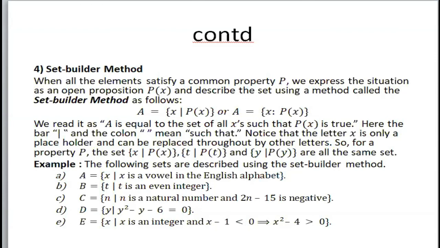So you can have different examples for set builder method, like set A equals the set of all x such that x is a vowel in the English alphabet. If x is A, E, I, O, or U, it will be true.